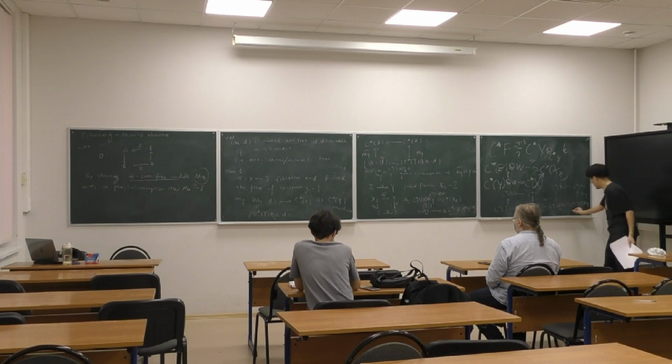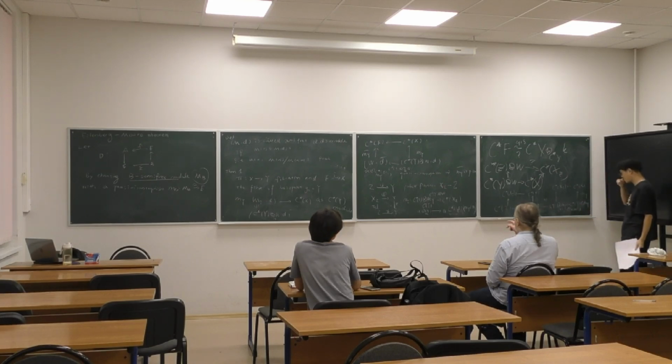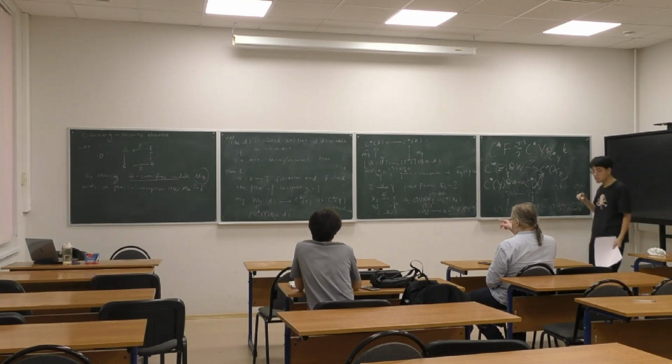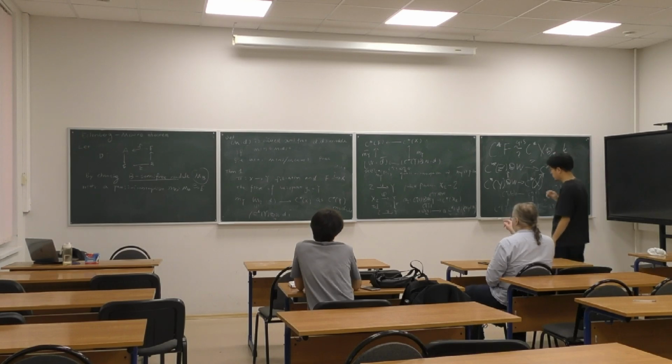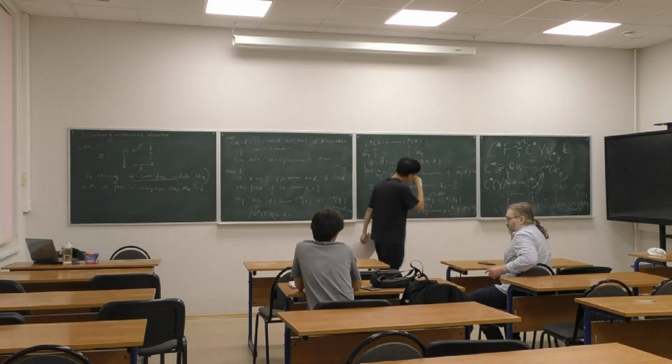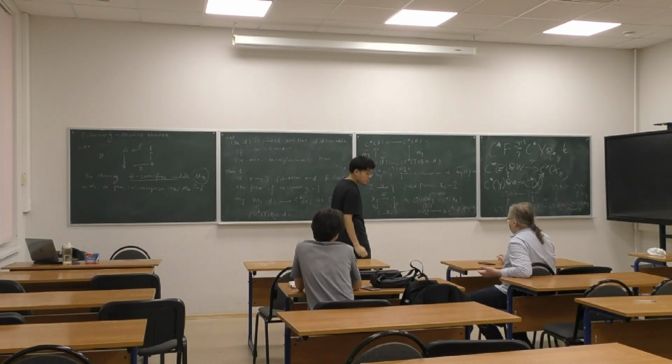Maybe this is the tensor identity. Again, there's the right adjoint and the left adjoint, and the trivial one is the right adjoint.